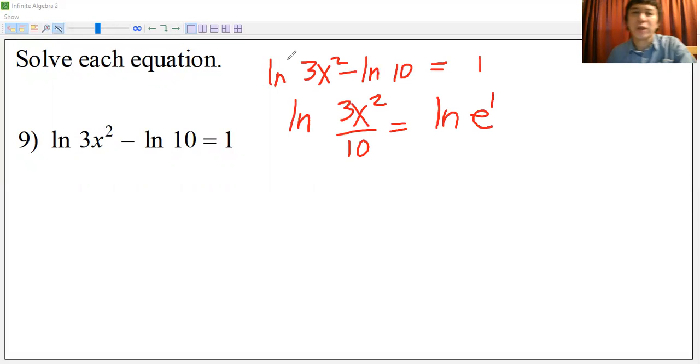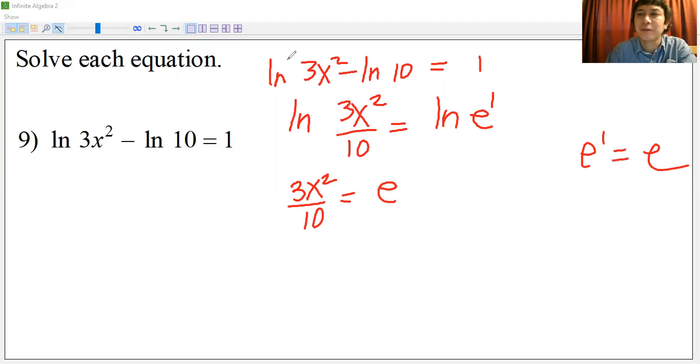And so we can now drop the ln's, and the equation reduces to 3x squared over 10. And this is just equal to e to the 1, or simply just e, okay? All right, e to the 1 is just e. So to solve this, we shall multiply both sides by 10 over 3.